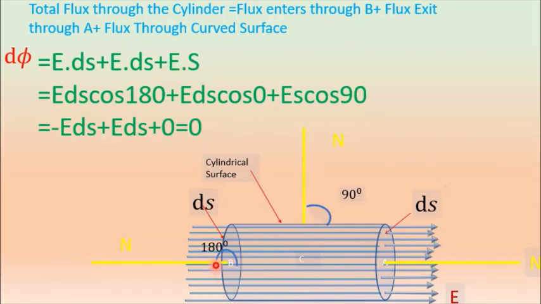You already know. Here the angle is 180, so we can write E ds cos 180. Here the angle is 0, so we can write E ds cos 0. Here the angle at every point we have to consider, and it is 90 degrees, that is E S cos 90.